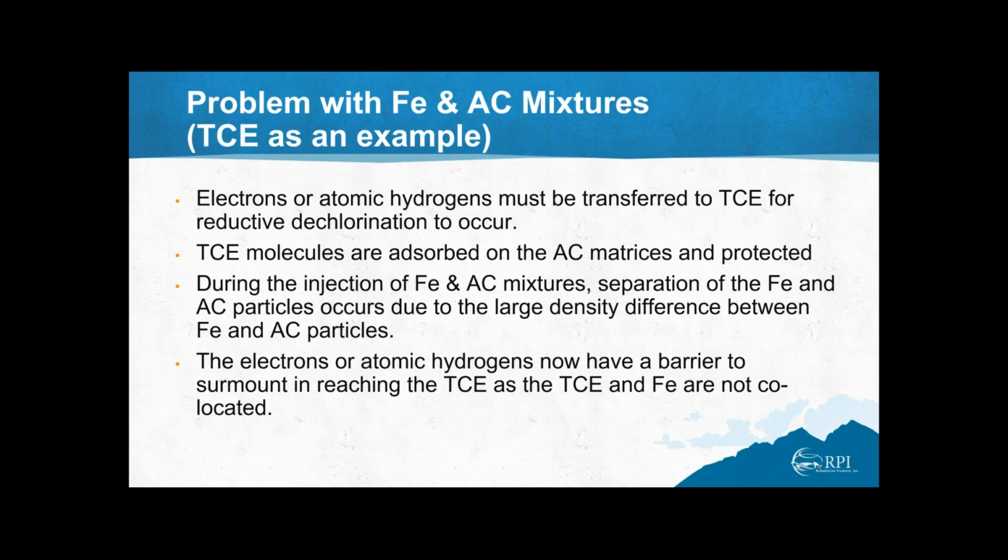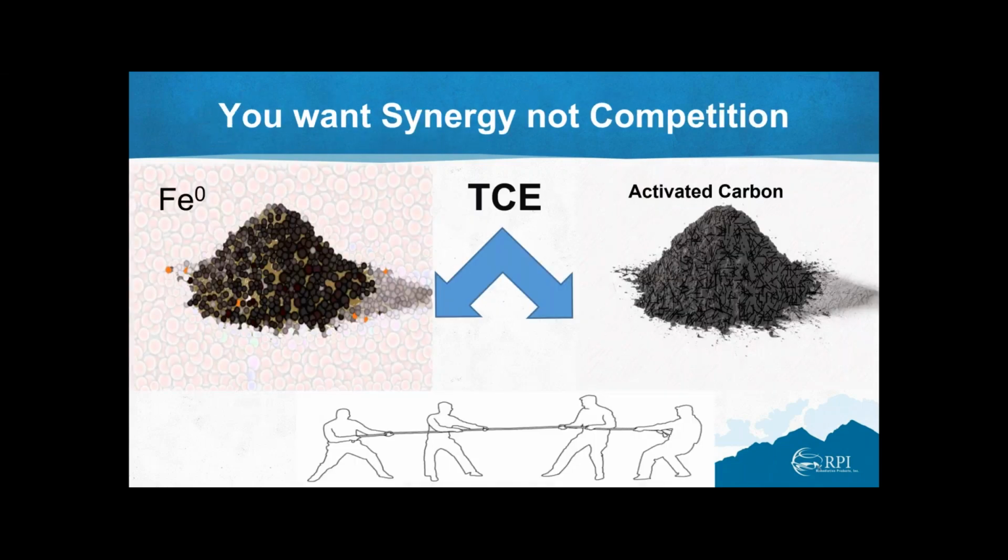So the electrons or atomic hydrogens now have a barrier to surmount in reaching your TCE, PCE, etc., because the iron is not co-located with the activated carbon. So what you really want is synergy, not competition. You want the iron and the activated carbon to work together.